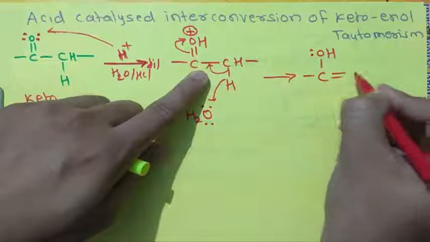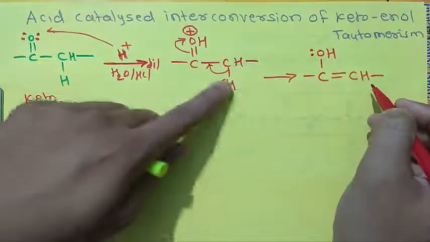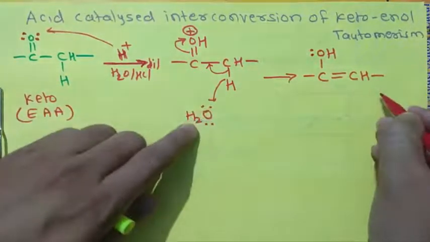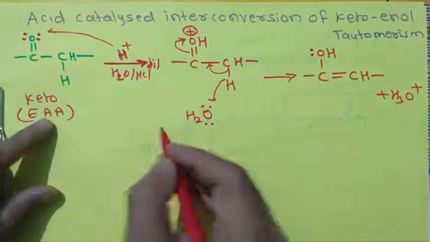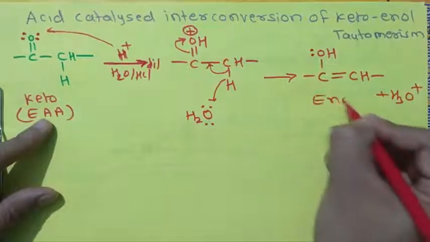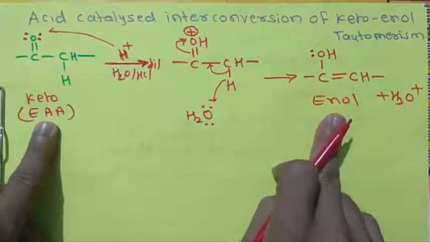The carbon-carbon double bond is present due to abstraction of the proton by water, forming H3O plus. The keto form has become the enol form. The enol form is obtained here.